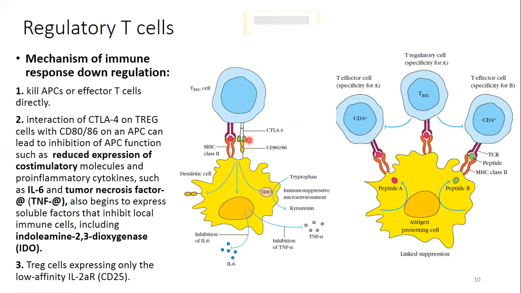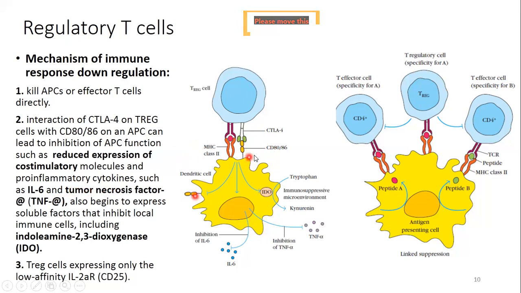It exists on T regulatory cells, and when it is engaged with the CD80 or CD86, or B7 ligand, it causes the reduction of the co-stimulatory molecule and reduction of pro-inflammatory cytokines such as interleukin-6 and tumor necrosis factor alpha.